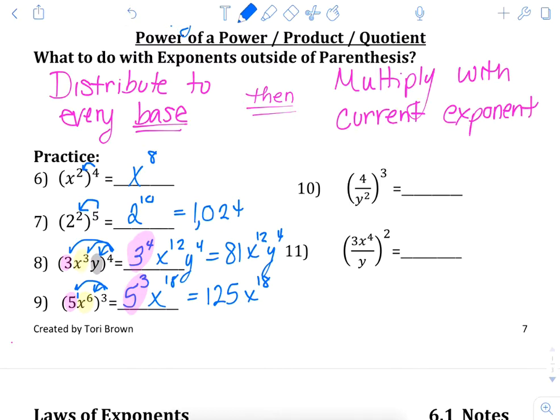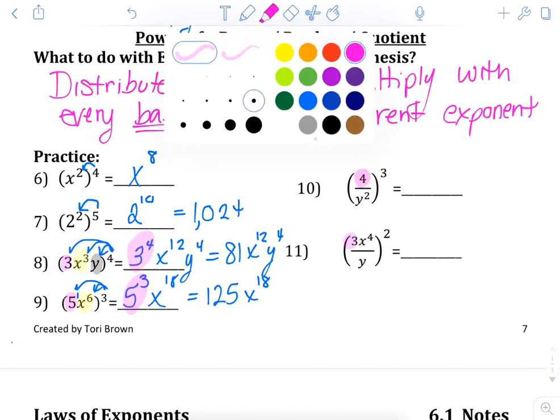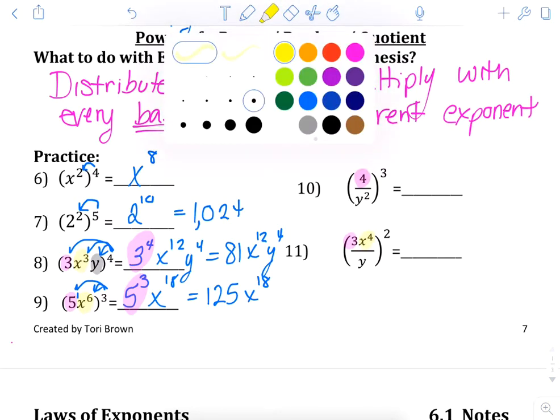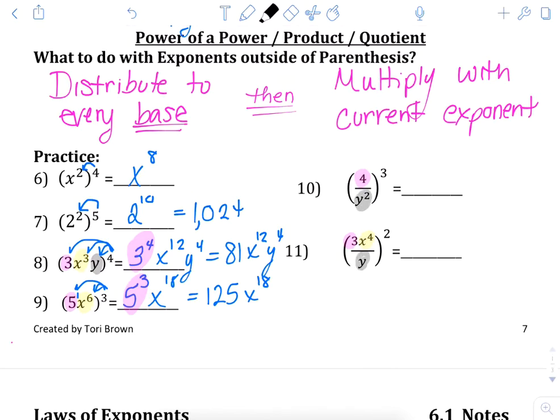Perfect. So last two over here, these are fractions. The rules are the same. We're going to distribute the number on the outside to all of the bases on the inside. So I'm going to still use x's are yellow. We're going to use y's are black. Okay. So the 3 is going to multiply with all of the bases. The 4 does not have an exponent, so he is going to take the 3.